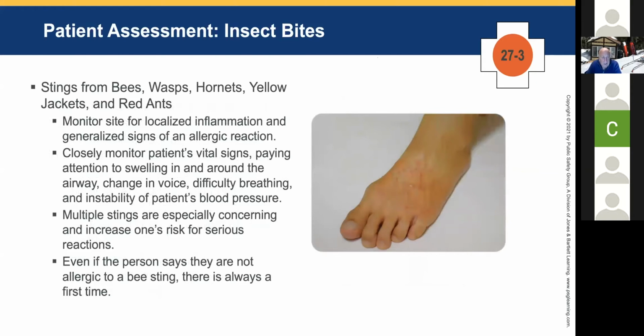Now we're looking at stings from bees, wasps, hornets. What we've got here is somebody stepped on an ant's nest. The ants swarmed, came and bit the heck out of them. One comment about a bee sting: even if a person says they're not allergic to a bee sting, there's always a first time.